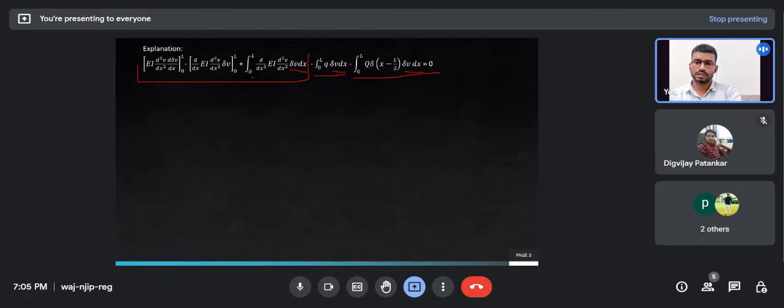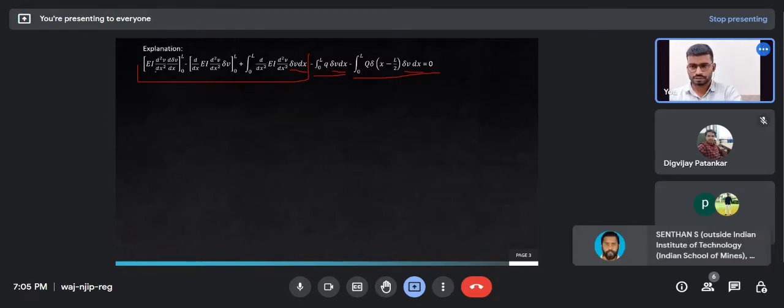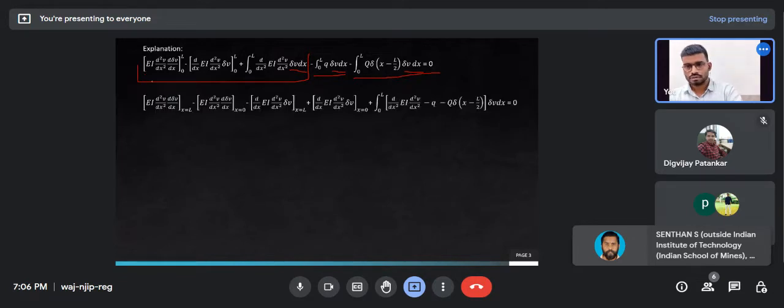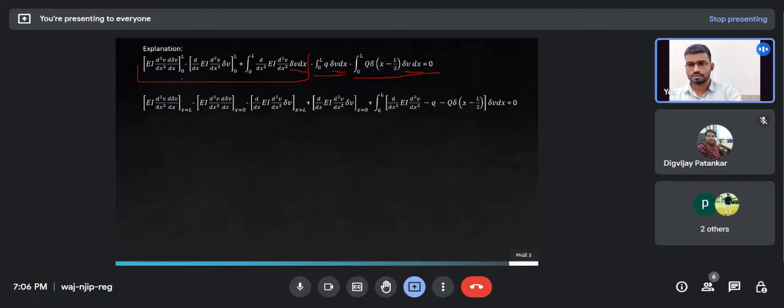Now I can combine all these things, and in the next step we expanded this also. This value is at x equal to L, and then this value again at x equal to 0, and minus, and minus already was there, so it will turn positive. So this is evaluated at x equal to L and at 0, the difference of this value evaluated at x equal to L and x equal to 0.